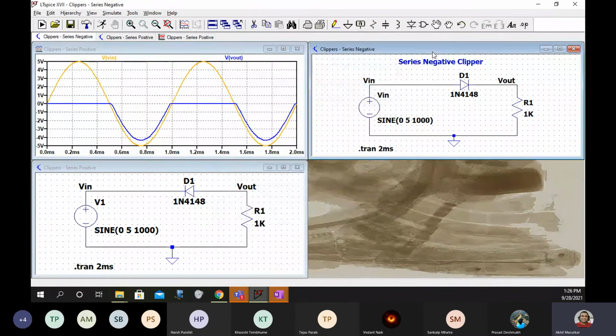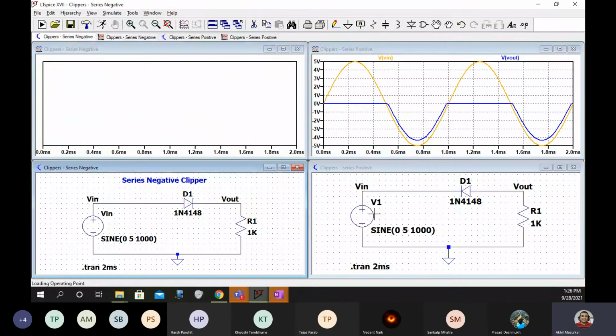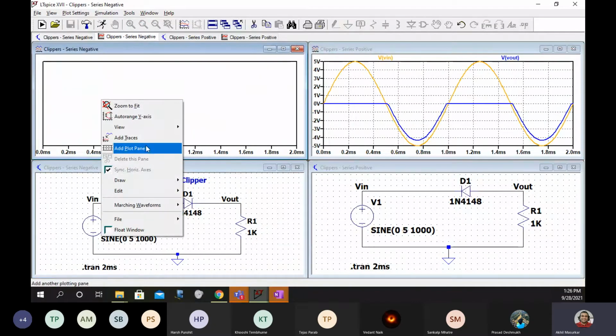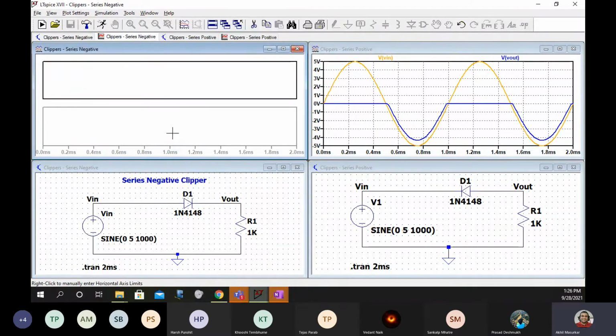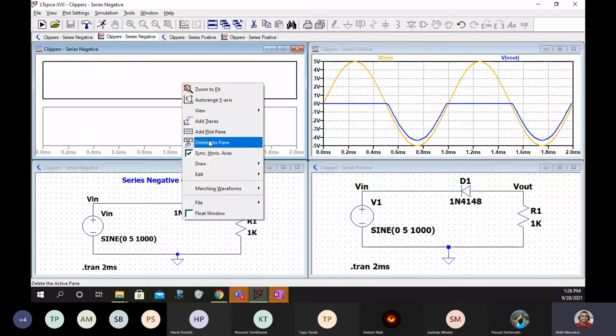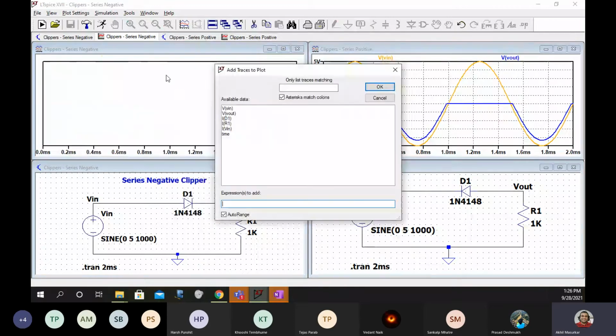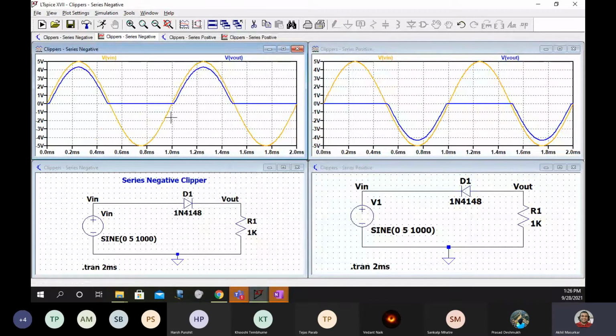Delete this plane and add both on the same plane, V in and V out. So you can see in one case the negative part gets clipped, in the second case the positive part gets clipped.